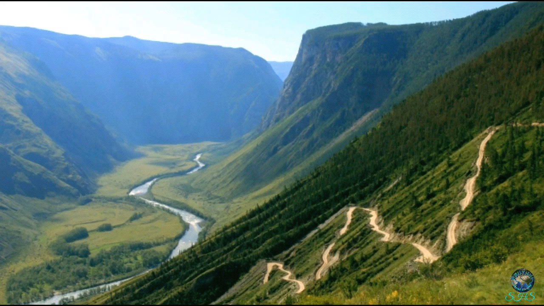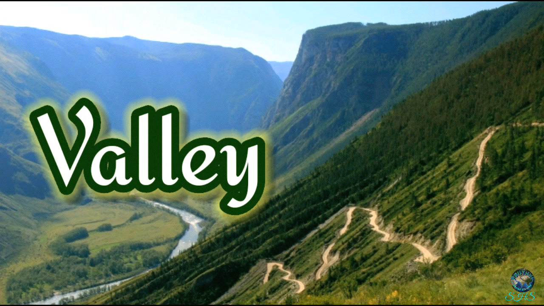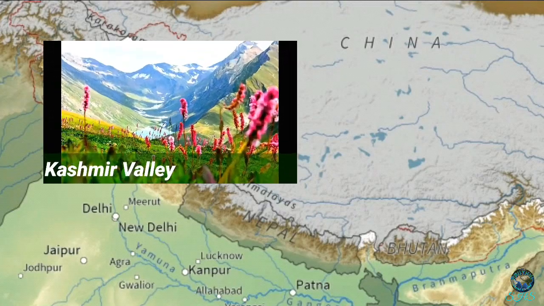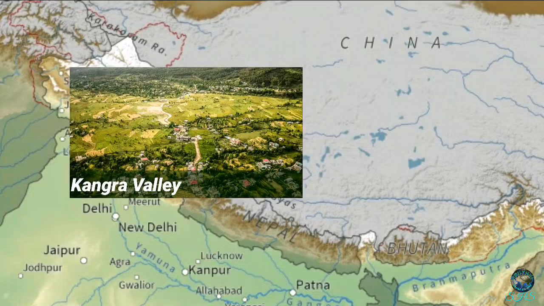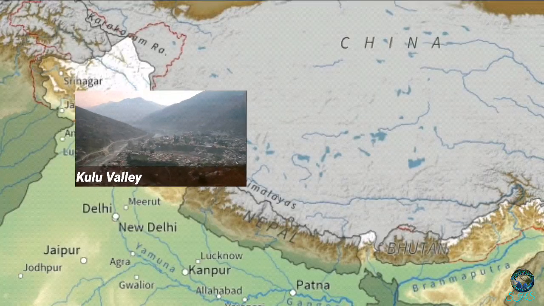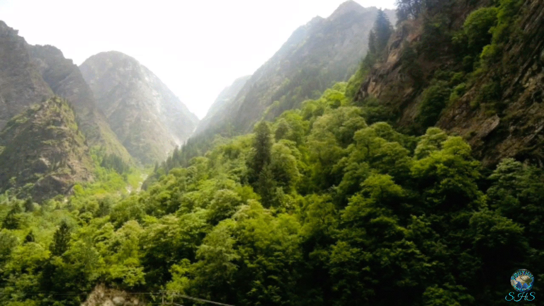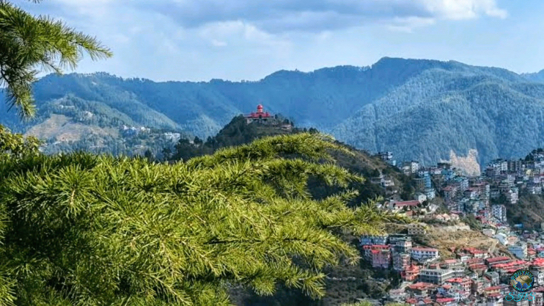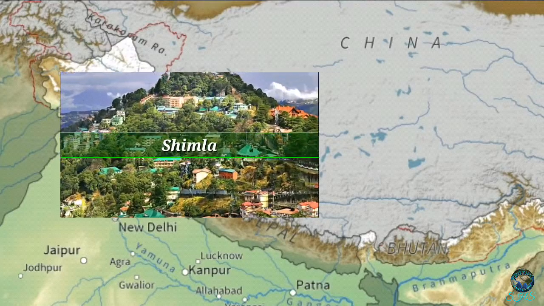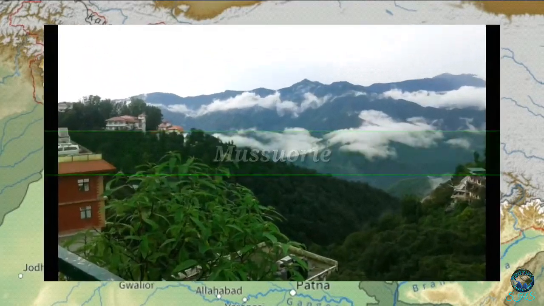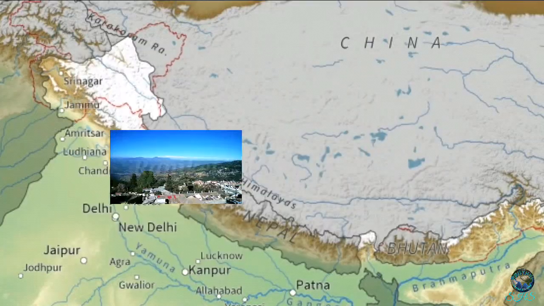The lesser Himalaya ranges consist of famous valleys: Kashmir Valley, Kangra Valley, Kulu Valley in Himachal Pradesh. The region has evergreen forests. It is well known for many hill stations: Simla, Mussoorie, Nainital, Ranikhet.